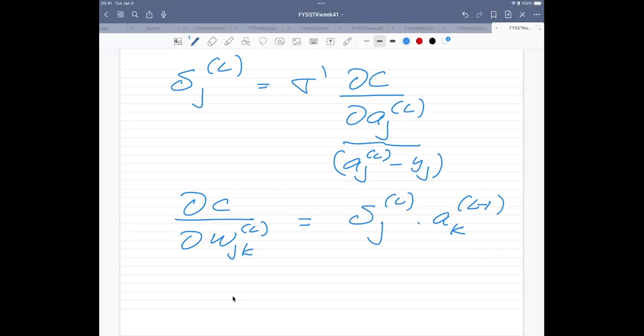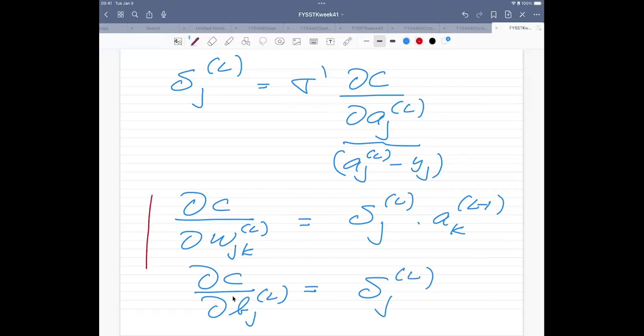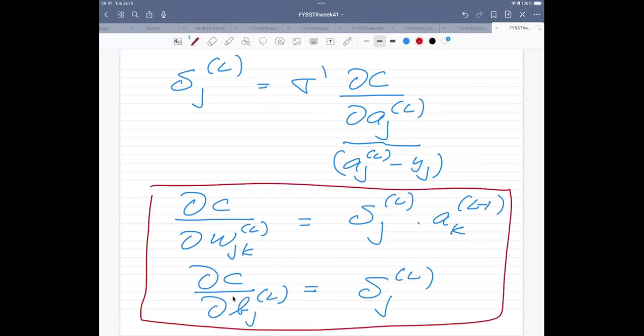Then it's also pretty straightforward to see that dC d beta J, last layer, is simply given by delta J of L. So what we have now are the gradients for the output layer. And then we can set up gradient descent for the output.